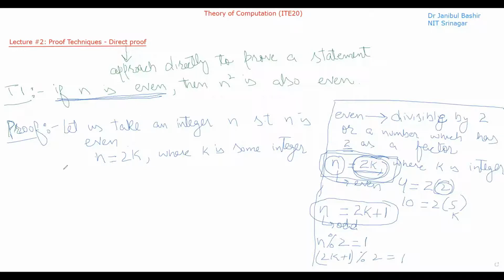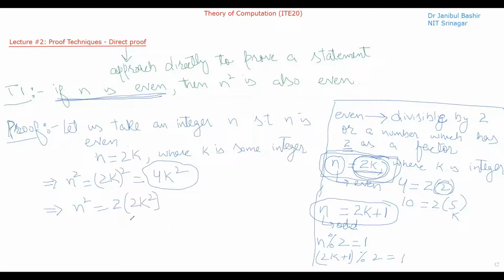Now let's square both sides. It will be n square is equal to (2k) square, so (2k) square will be 4k square. This implies n square is equal to 4k square, and I can write this as 2 into 2k square.